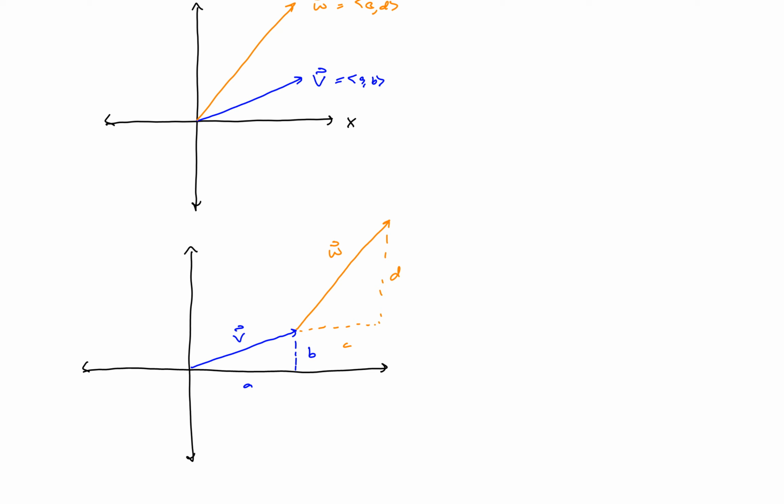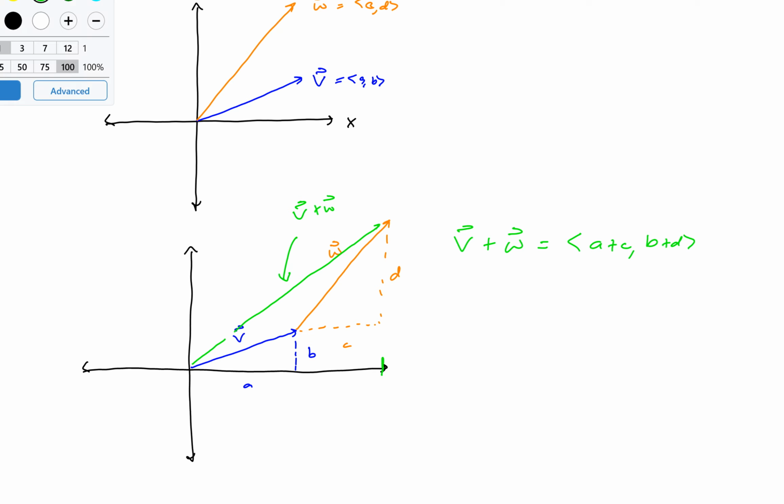So now if I connect these vectors to get the addition, this vector is v plus w. Notice the x-coordinate of that is going to be a plus c, and the y-coordinate of that is going to be b plus d. So to get the addition of two vectors, we just add the components together.